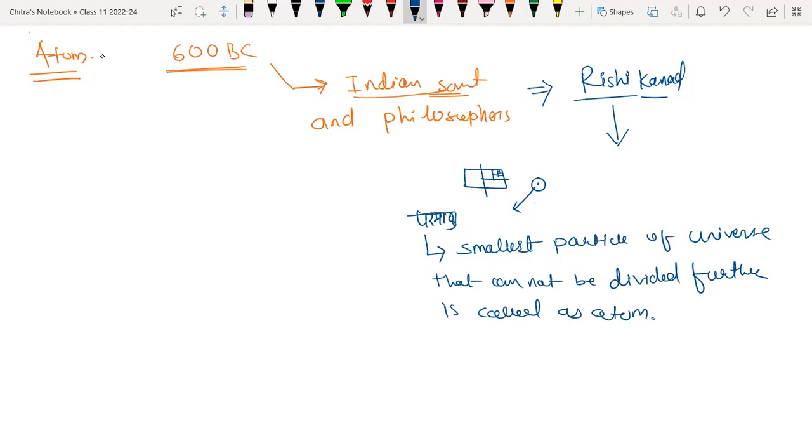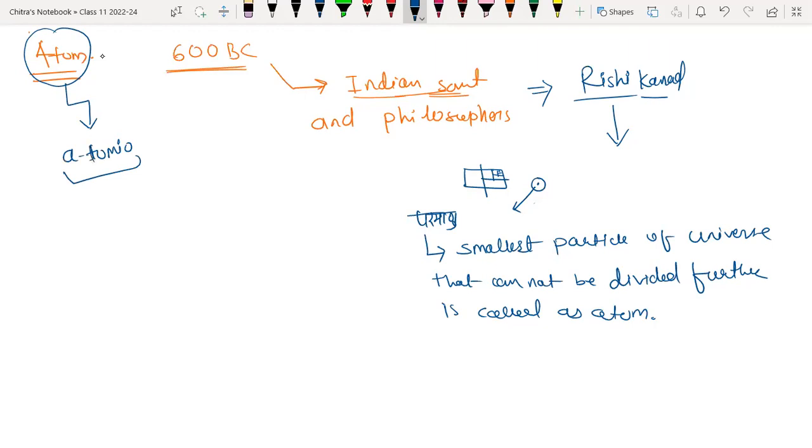After that, many scientists came. Again, around 400 BC, one of the Greek philosophers came into existence, and he described the atom. He gave the name atomos, because atom is a word derived from the Greek or Latin word atomio.